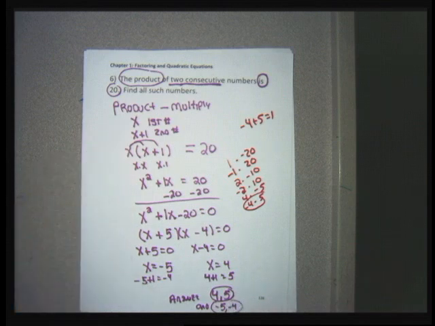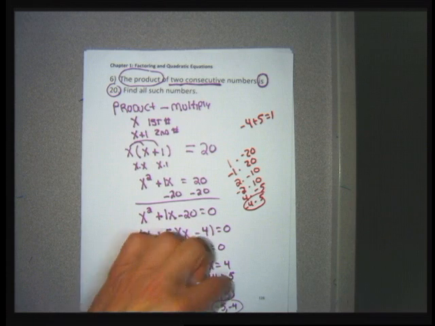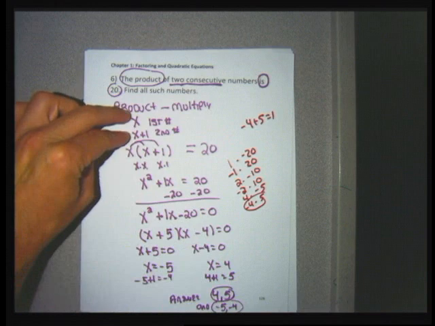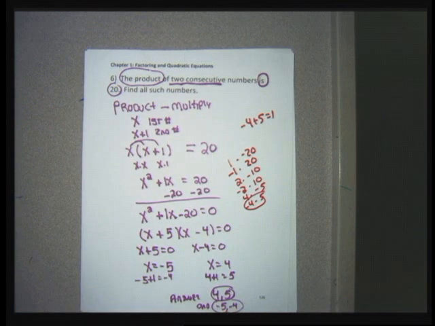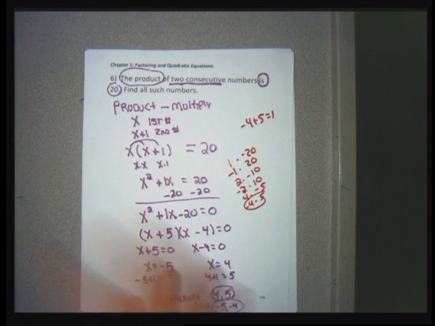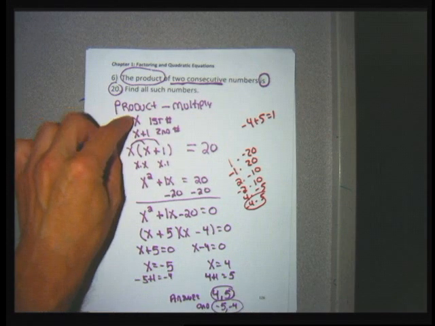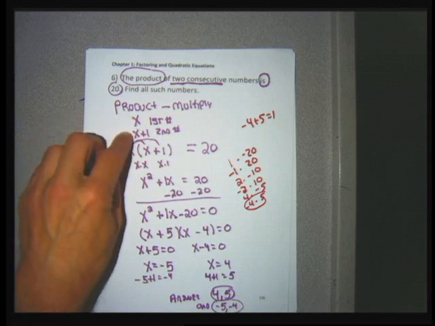Negative 5 and negative 4 are next to each other on a number line, so they're consecutive numbers. And they also multiply to 20 because negative 5 times negative 4 is 20. So my answer should be paired up like this. 4 and 5 are consecutive numbers whose product is 20. And negative 5 and negative 4 are also consecutive numbers whose product is 20. So the algebra gave me the first number in each pair, and I had to add 1 to get the second number in each pair.